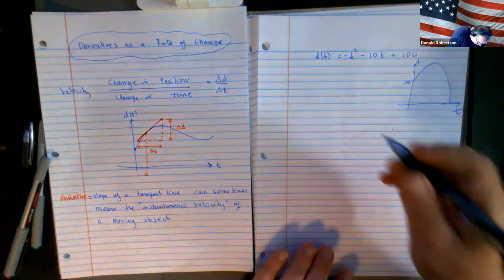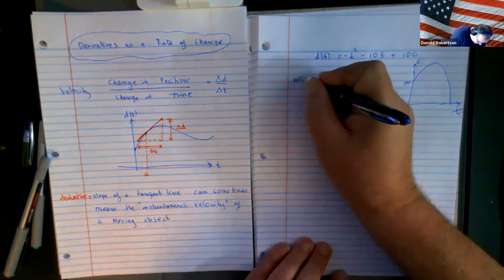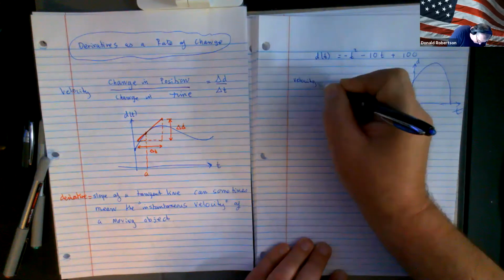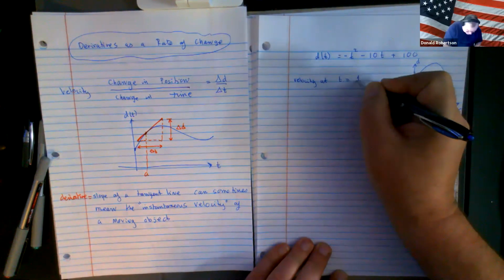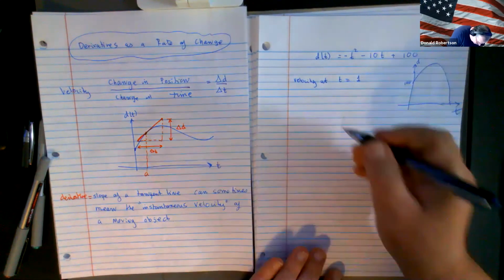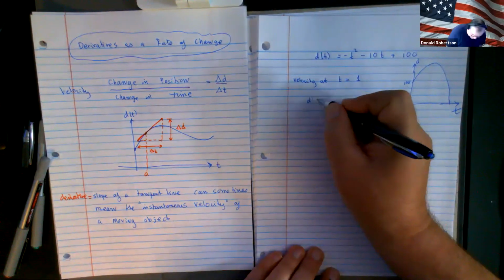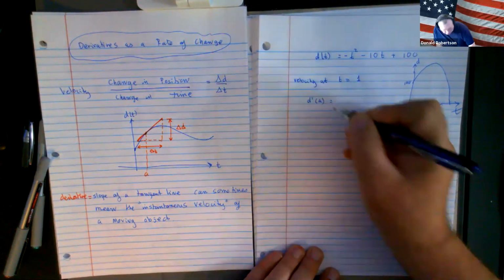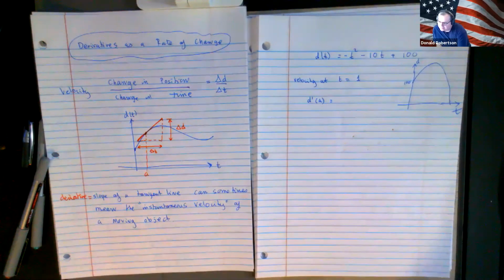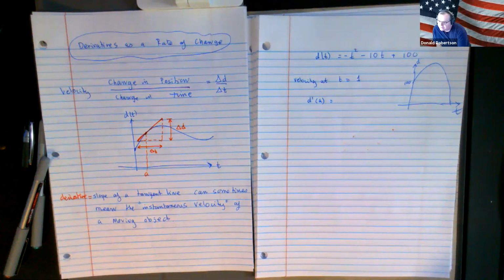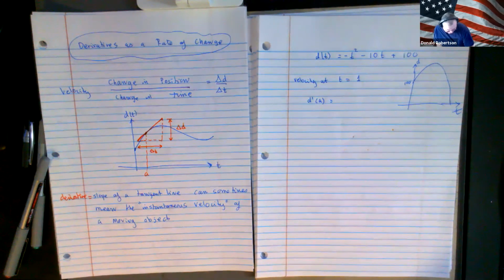So suppose I wanted to know its velocity at t equals 1 second. Then I would find its derivative, this guy. Now, since this is a quadratic, can't we use the shortcut method? Can you remember the power rule, the shortcut method?